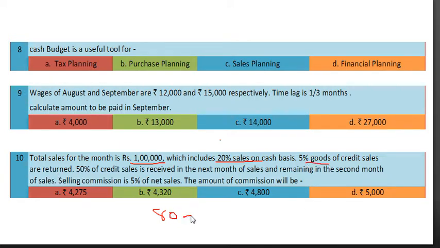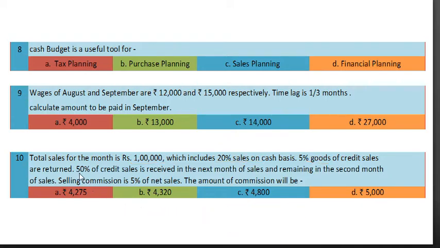So 80,000 minus 5%, that is 4,000, gives 76,000 net credit sale. 76,000 net credit sale plus 20,000 cash sales, so our total net sales would be 96,000, and 96,000 multiply 5% commission amounts to rupees 4,800.